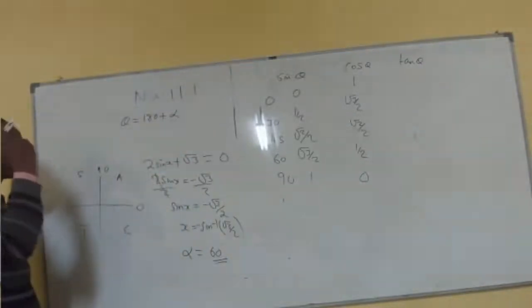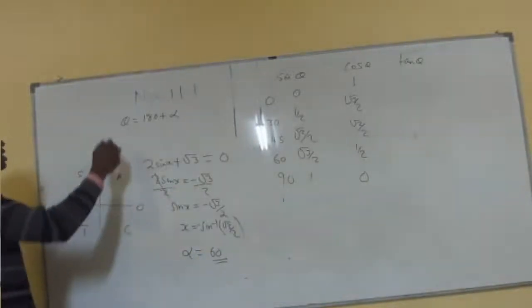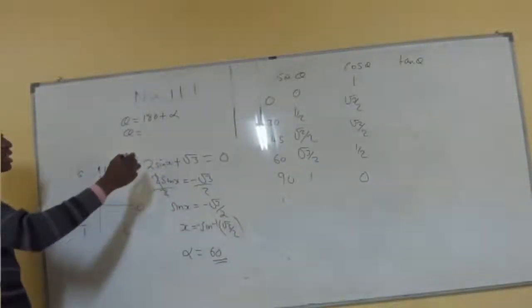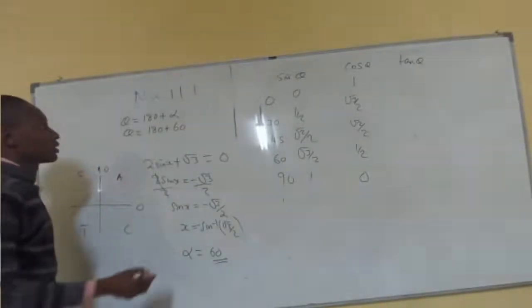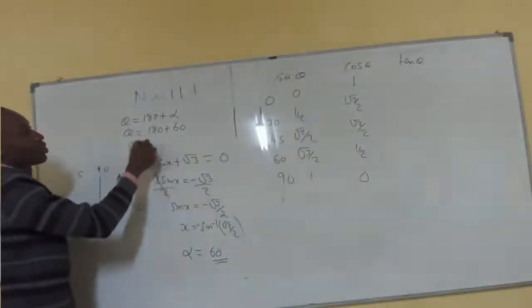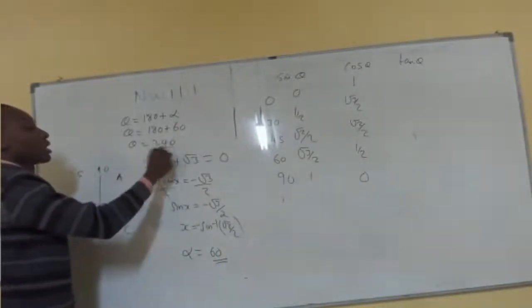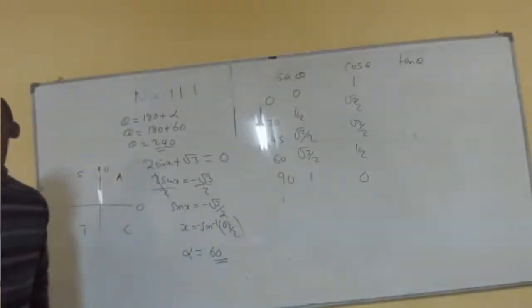We have alpha 60, so theta is 180 plus 60, which is 240 degrees. So that's the first answer, 240 degrees.